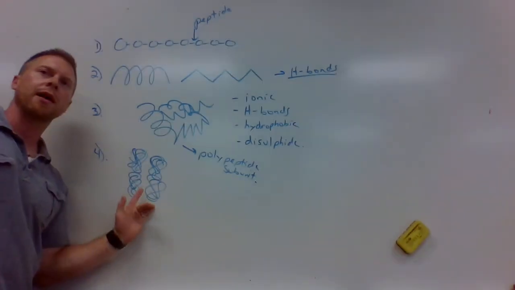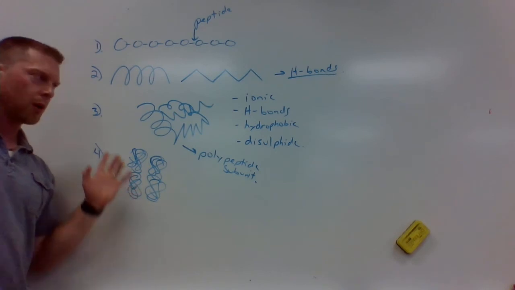But ultimately, the most important level of structure is going to be your primary structure. It's all about the sequence of amino acids, right? Because the sequence of amino acids ultimately is going to determine the shape of your protein, and the shape of your protein is going to determine what it's able to do. It's going to determine that protein's properties. Really important, right?